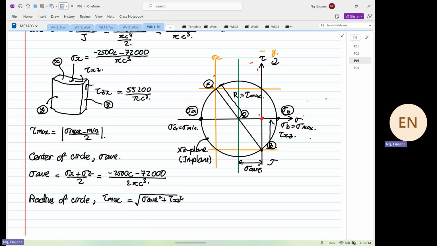So from here, we know that stress average, which we have calculated, is minus 2500 C minus 72,123 divided by 2 pi C cube, squared. And then you plus 55,200 over pi C cube.